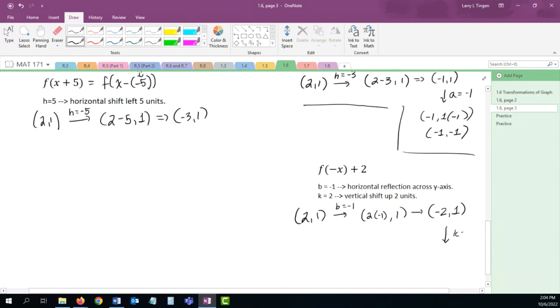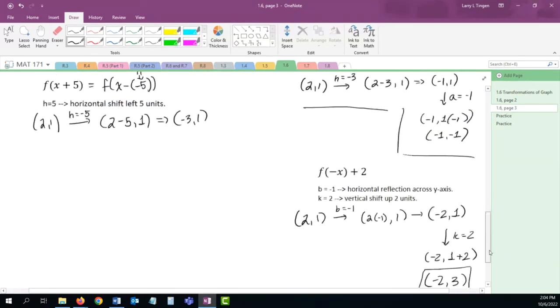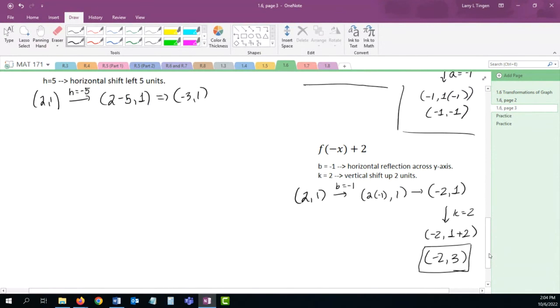And then k is 2, which means the vertex moves up 2 units, 1 plus 2. And now I have a vertex at -2, 3. Questions?